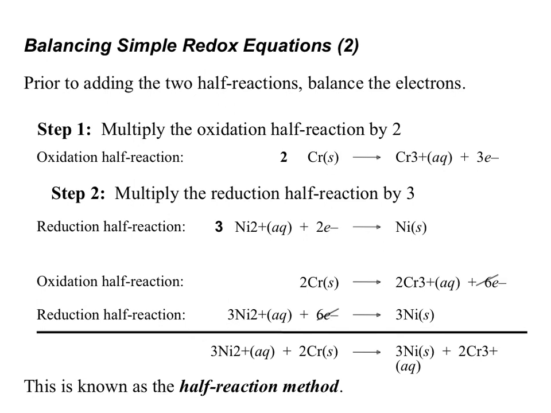Therefore, prior to adding the 2 half reactions, we must balance the electrons. We must multiply the oxidation half reaction by 2 and the reduction half reaction by 3 to yield us 6 electrons in each. We can now cancel them out, but we'll notice that the equation itself now has 3 nickel 2+ ions plus 2 chromiums gives us 3 nickels and 2 chromium 3+. This is known as the half reaction method.